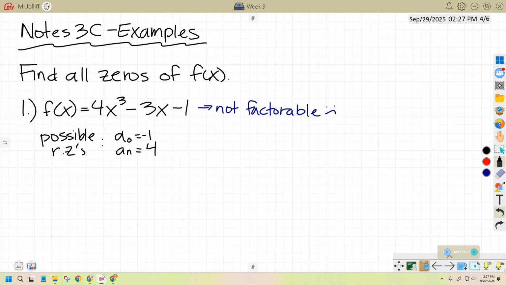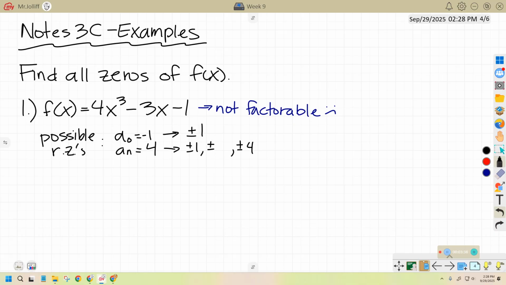I want to make all my fractions with the factors of those numbers. Factors of 1 are nice. 1 in itself, so plus or minus 1. What are the factors of 4? 1 and 4, so plus or minus 1. Plus or minus 4. What else? 2. 2 and 2.